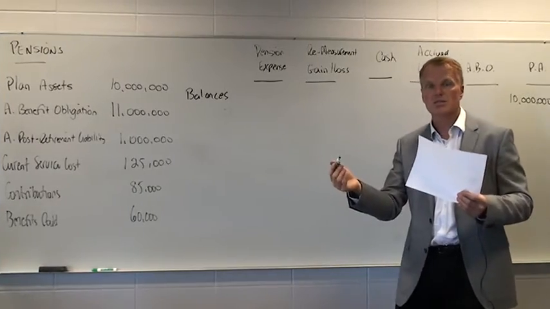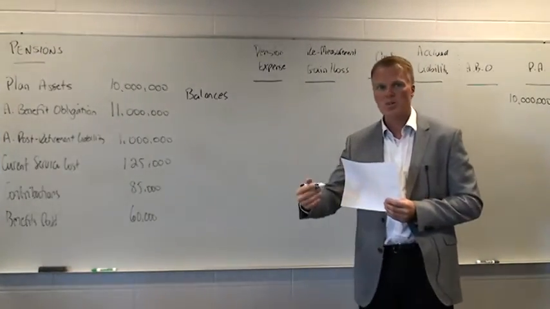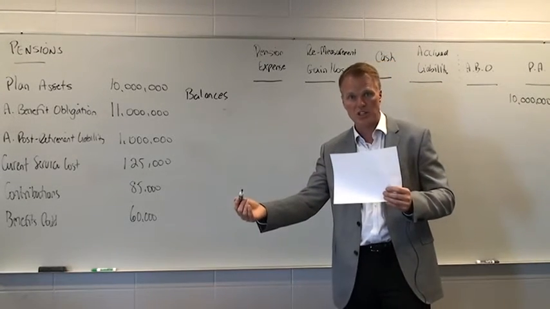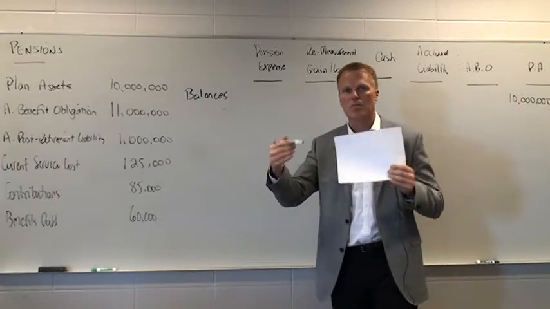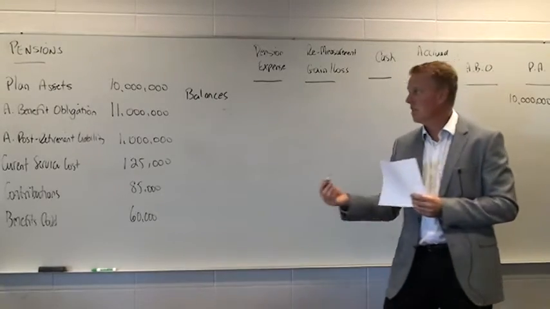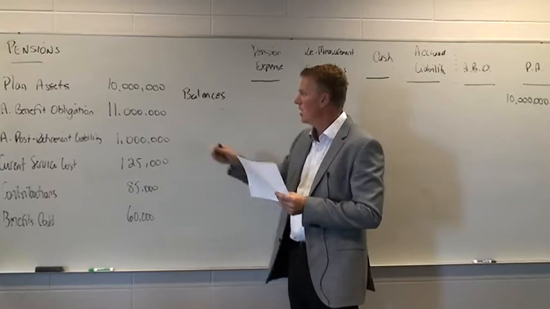Now, of course, we have liabilities, an obligation. When people work for us year after year, we're obligated to fund their pension. We're obligated to put those monies to the trustee so that the monies will be there for them when they retire. That creates an accrued benefit obligation.